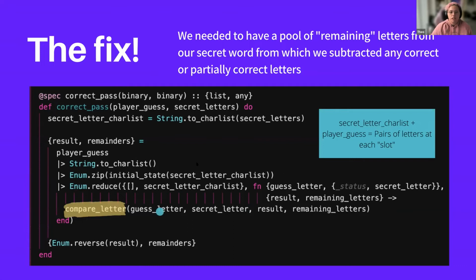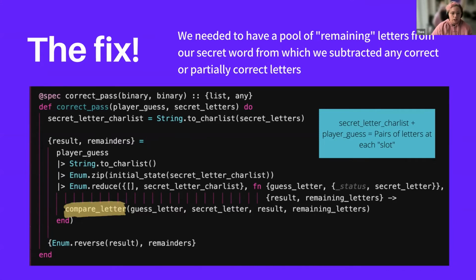The overview is that this correct pass function takes in the player's guess and the secret word. The secret letters char list is created, so it converts the secret word to a char list. Then it also converts the player guess to a char list and zips those together with the zip function.